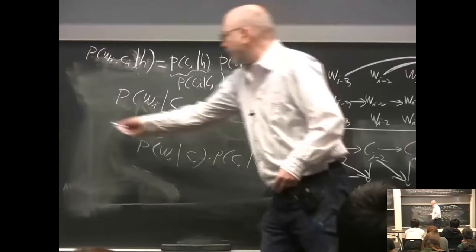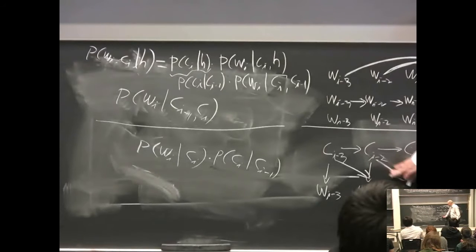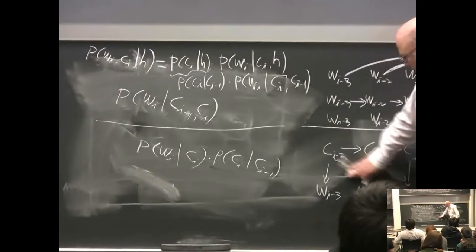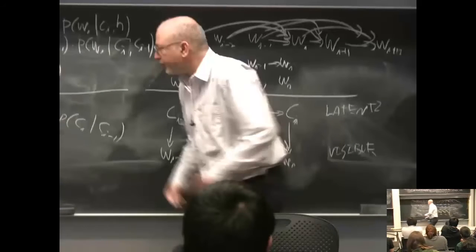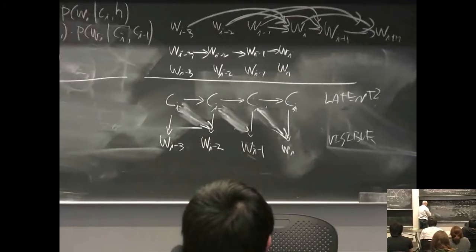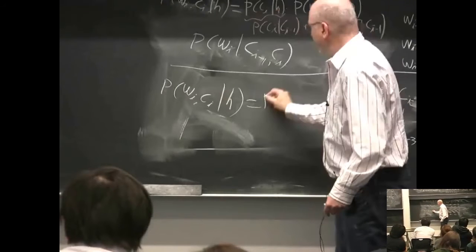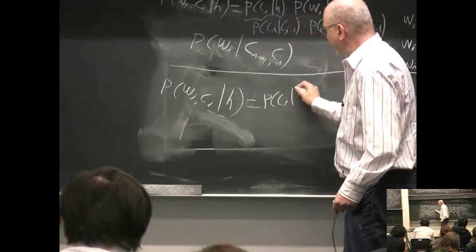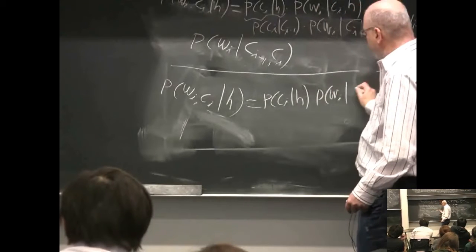In the case of when I didn't have these arrows, I will rewrite it. P of Wi and Ci given the history. First I break it down the same as here: P of Ci given the history times P of Wi given Ci and the history.